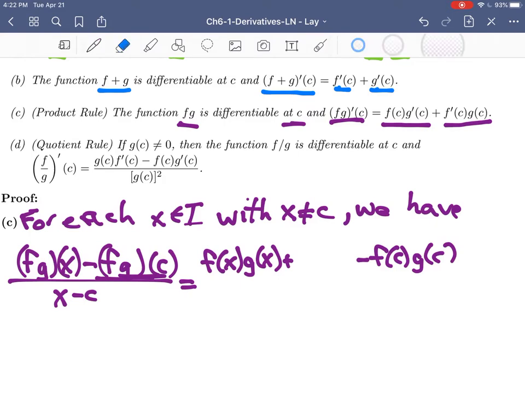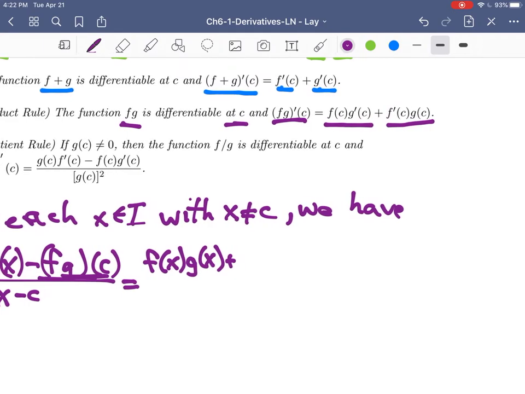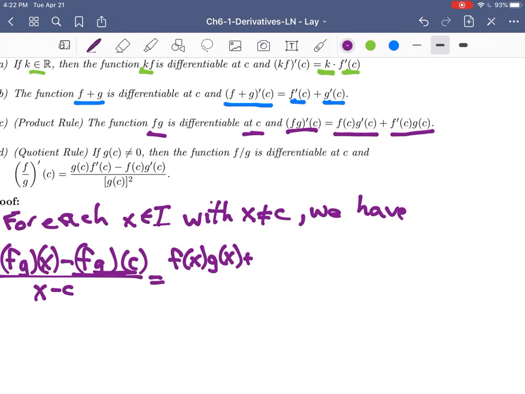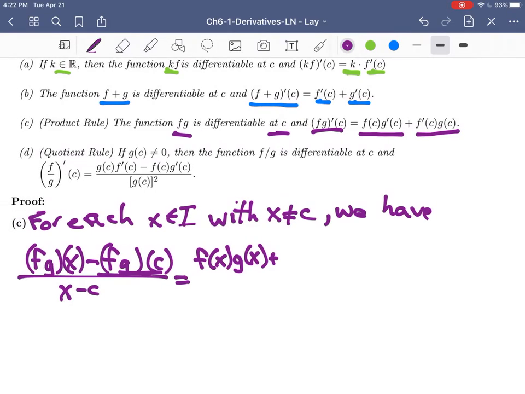That stuff in the middle, we're going to add in f of x g of c, and we are going to also subtract out f of x g of c.